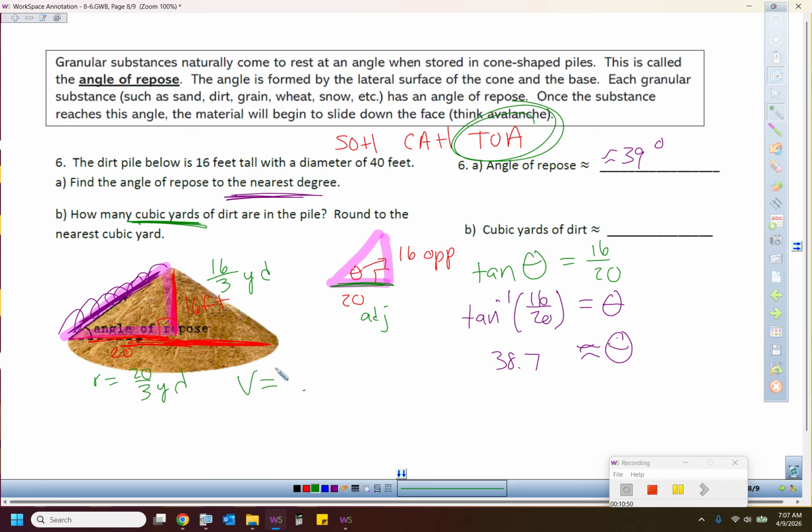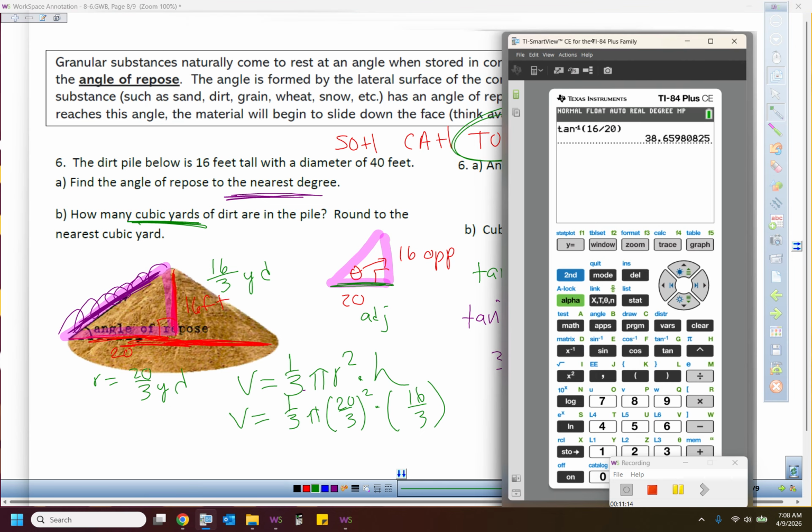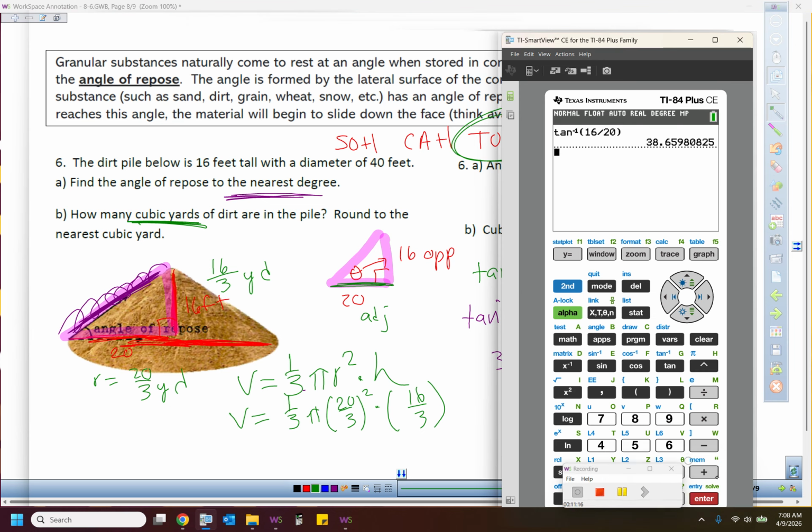So the volume of a cone is 1/3 the base area, which is pi r squared, times the height. We'll sub our stuff in: 1/3 times pi times 20/3, which has to get squared, times the height of 16/3. Then we'll punch all that in and see how many cubic yards of dirt are in this pile.